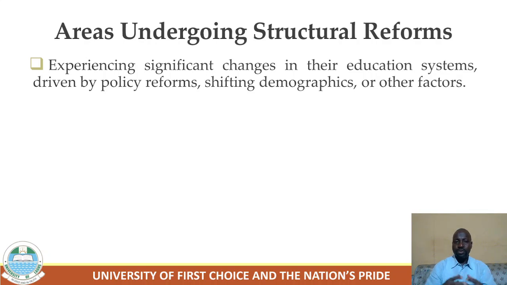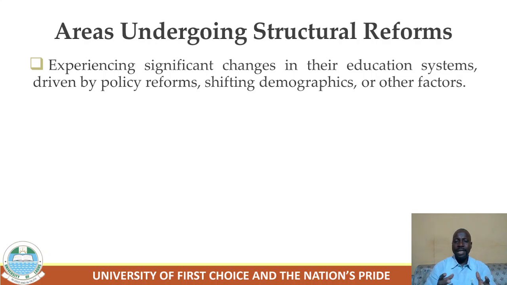And the changes could be as a result of policy reforms. A governor might have, you know, policy different from his predecessor. I remember in Oyo State, one of the former governors, Governor Rashid Ladoja, implemented that 1 to 30 teacher pupil ratio.